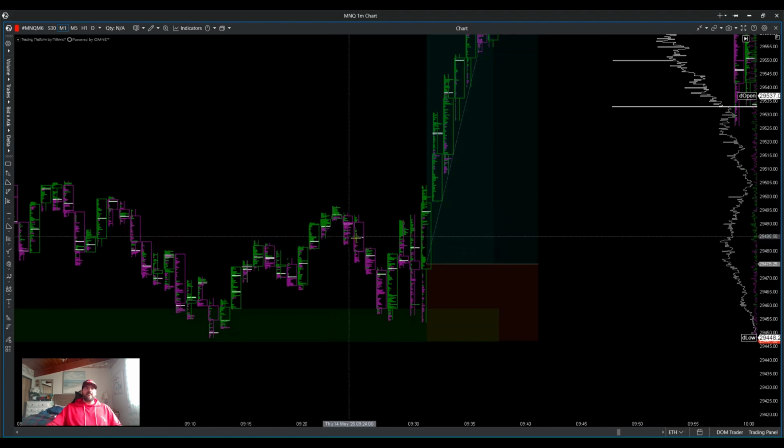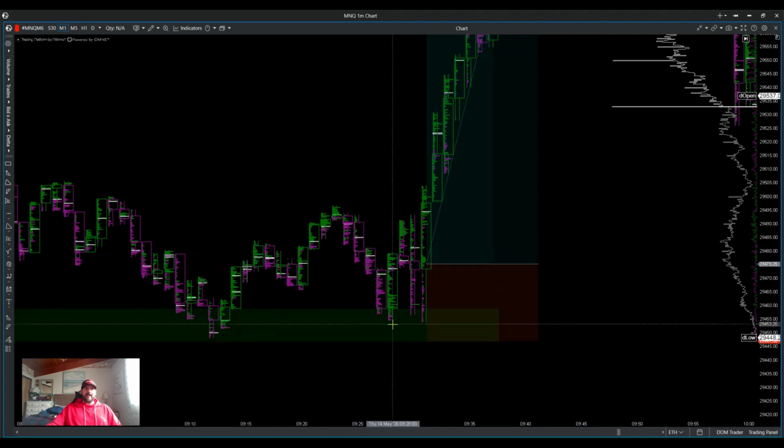So the purple is sell orders, so you can see there's a lot of selling coming, not a lot of buying coming in. But what happens once it hits this level? Look at this, buyers stepping in, buyers are up here. Now they lay off just a little bit of selling pressure, nothing big.